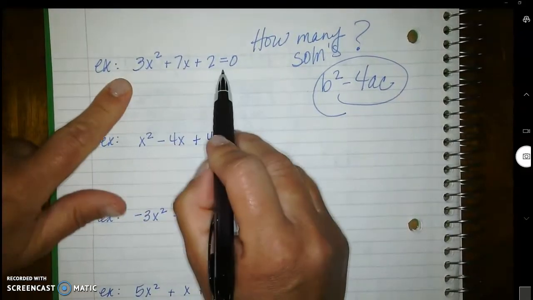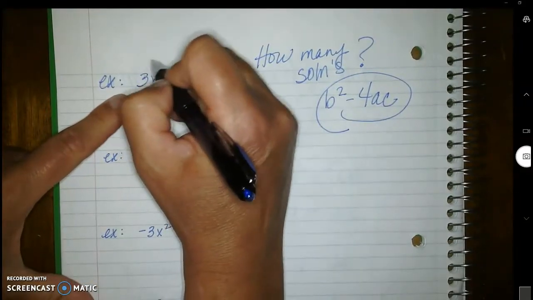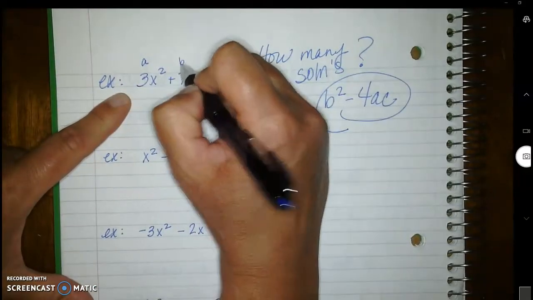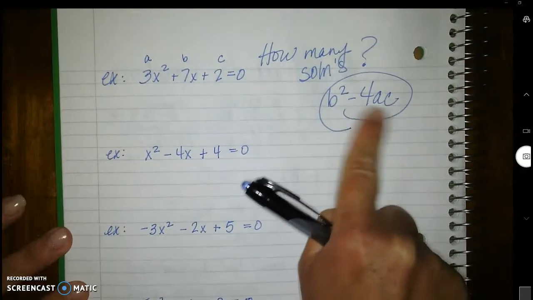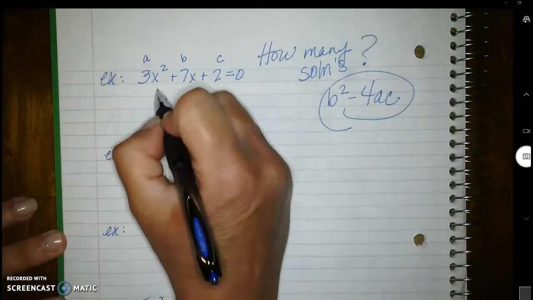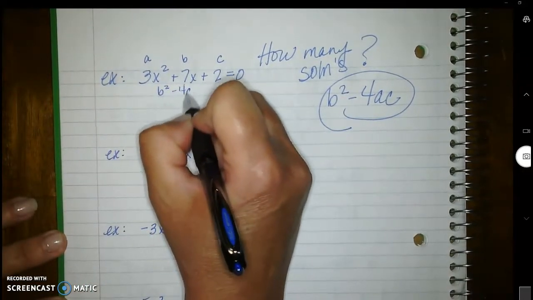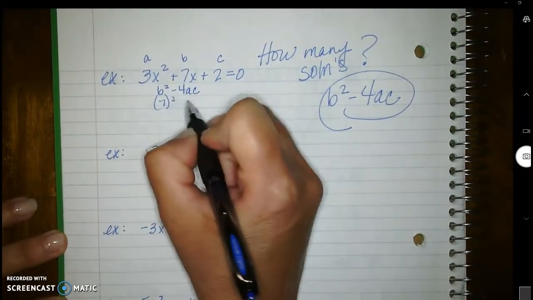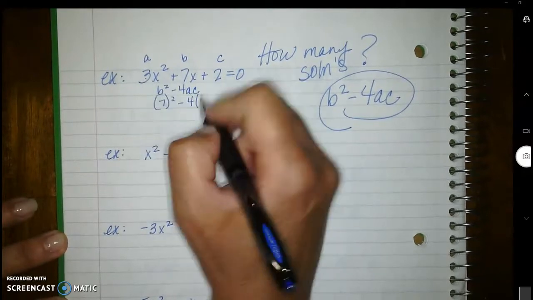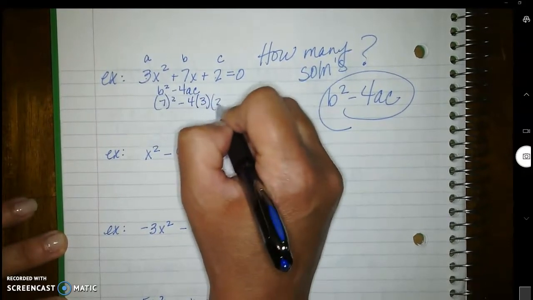So I'm going to go through, I'm going to label what a, b, and c are. So a is 3, b is 7, c is 2. I'm going to plug it into this formula and figure it out. So b squared minus 4ac. I'm going to do 7 squared minus 4 times 3 times 2.